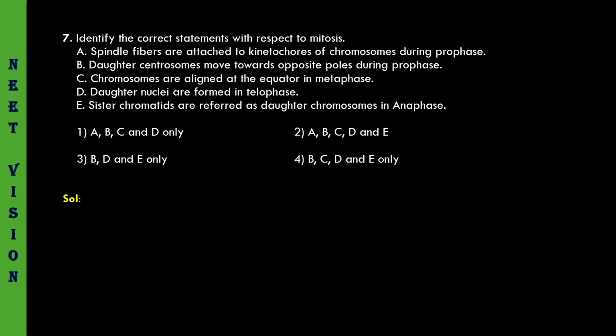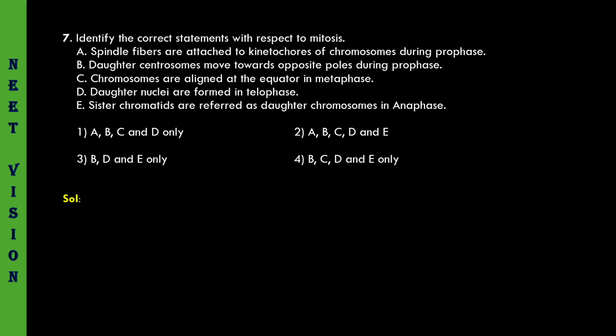Daughter centrosomes move towards opposite poles during prophase. This is also true. Centrosome divides into daughter centrosomes in S stage of interphase. Those daughter centrosomes, with each daughter centrosome having two centrioles, move towards opposite poles during prophase. This is true.